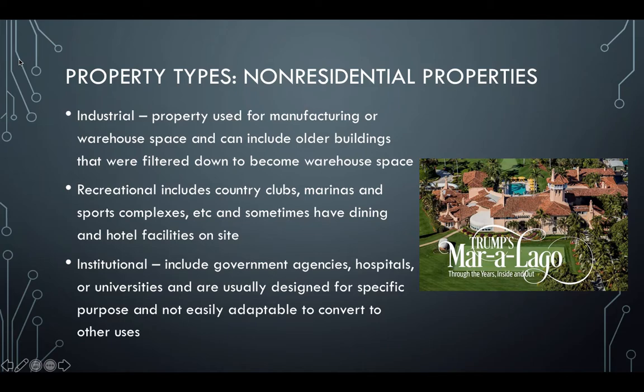Recreational include country clubs, marinas, and sports complexes, and sometimes have dining and hotel facilities on site. And institutional include government agencies, hospitals, or universities, and are usually designed for specific purpose and not easily adaptable to convert to other uses. Like I said about the apartment buildings becoming warehouses, these properties usually aren't able to convert into anything else but what they're made for.